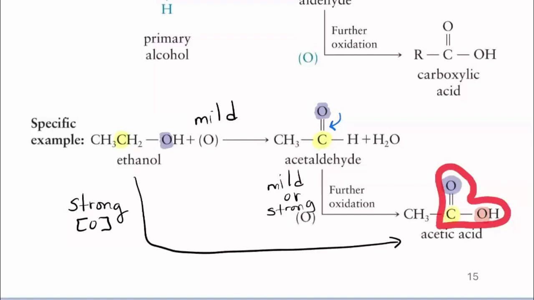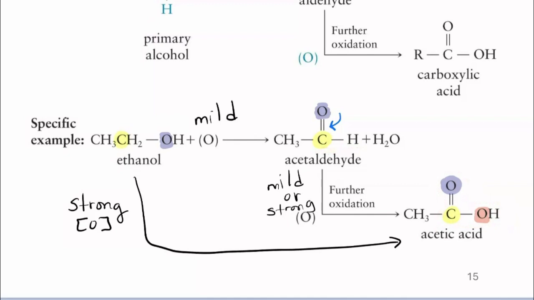So going from aldehyde to carboxylic acid, the only thing that we have to place in our aldehyde is an oxygen in between the carbon and the hydrogen that was in the aldehyde. And that's how we do the conversion of the functional groups. Notice that these molecules are not going to change the number of carbons.